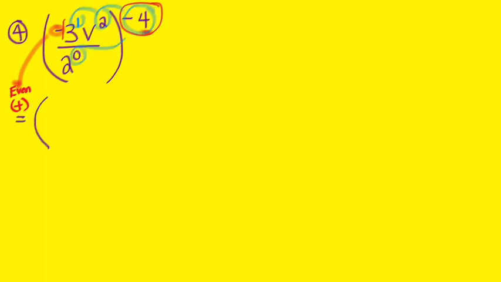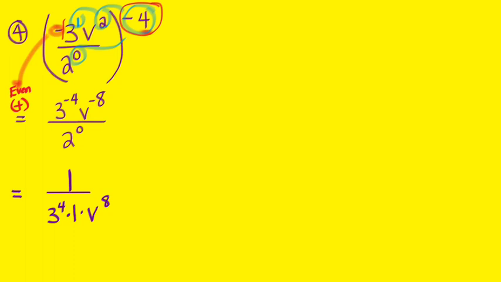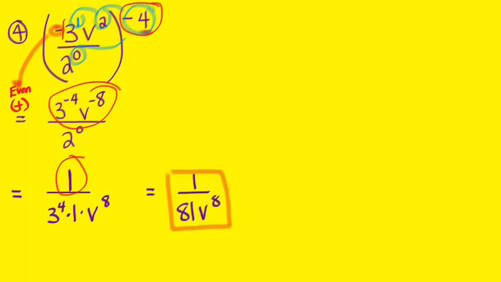But that's okay, right? So that's going to go to 1, and then I have to take the ticket, and everybody goes downstairs. And my final answer is 1 over 81 v to the 8th.